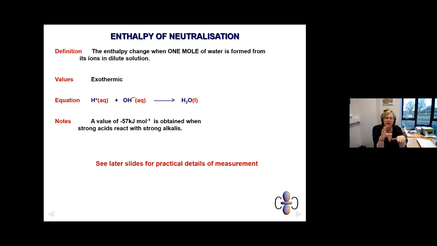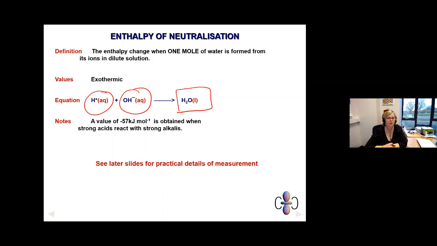You should have picked up by now that the definition of an acid is a proton donor and the definition of a base is a proton acceptor. Neutralization is always an exothermic process. To simplify it, in an acid you've got the protons. You've got the alkali most of the time.